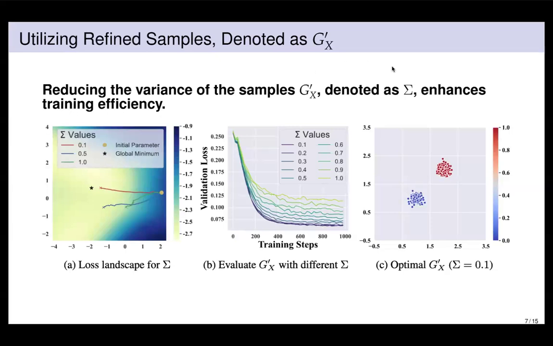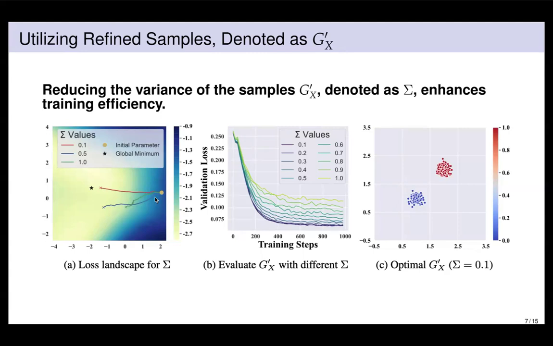We find that when we reduce the variance of the samples, denoted as G prime X, where the variance is denoted as sigma, we enhance the training efficiency. For example, in figure A, if we use sigma equal to 0.1, the training dynamic will be very smooth. The trajectory here will be smooth.